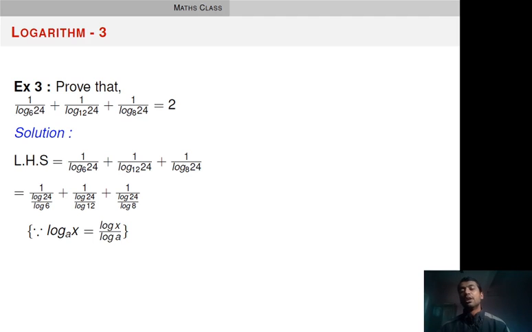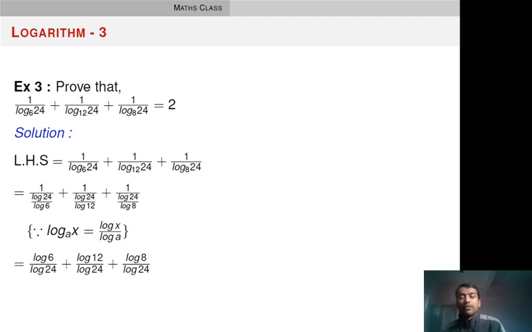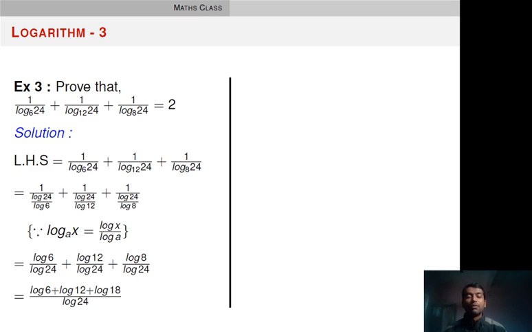And now the denominator of the denominator goes to the numerator. It means this will be equal to log 6 divided by log 24 plus log 12 by log 24 plus log 8 by log 24. Denominator is the same in all three terms, so it will be the LCM, and addition of numerators will be log 6 plus log 12 plus log 8.